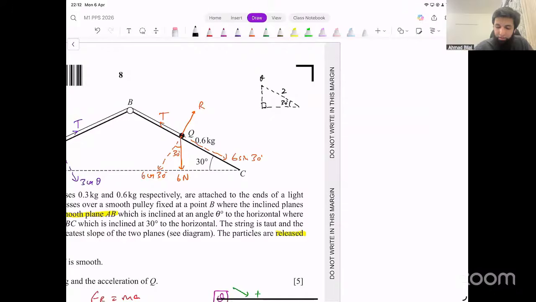Let's call this HQ, change in height for Q. We can use the sine ratio. HQ over 2, perpendicular over hypotenuse, equals sine 30. And that will give us that HQ is equal to 2 sine 30, that is going to be 1. So change in height for Q is 1 meter vertically downwards.